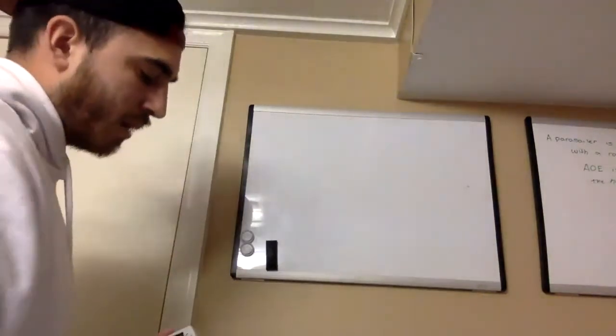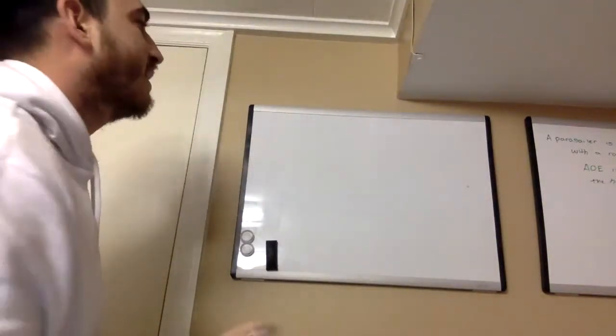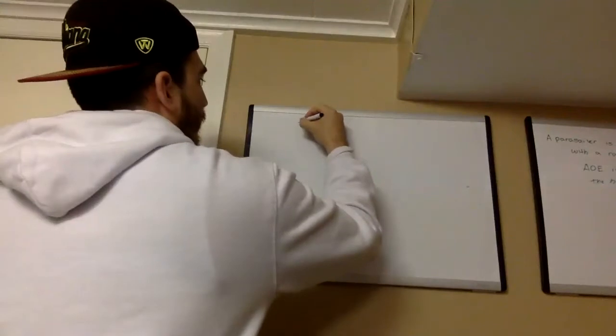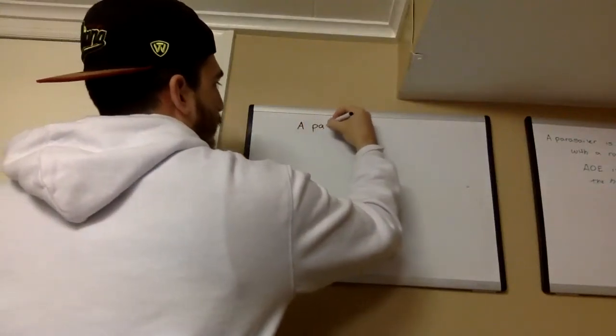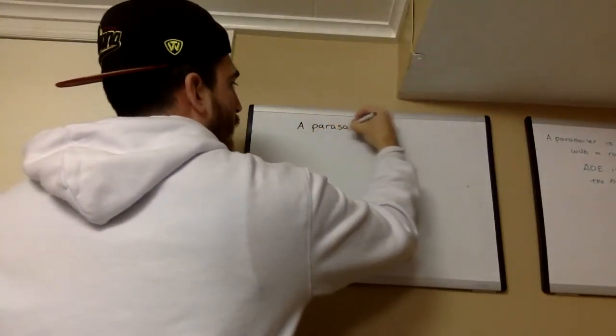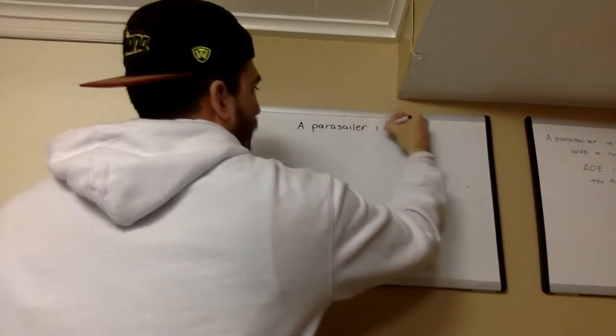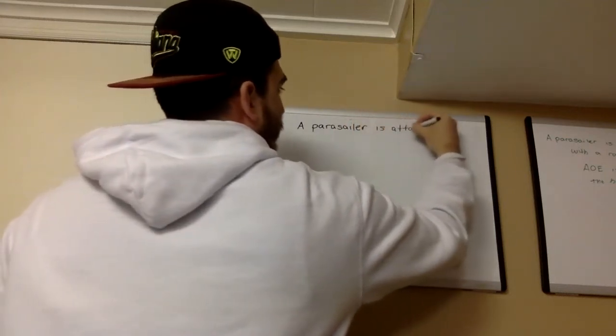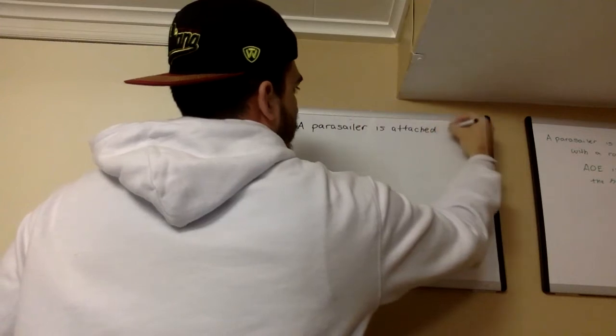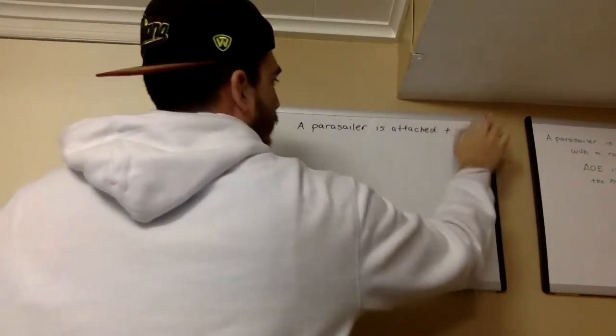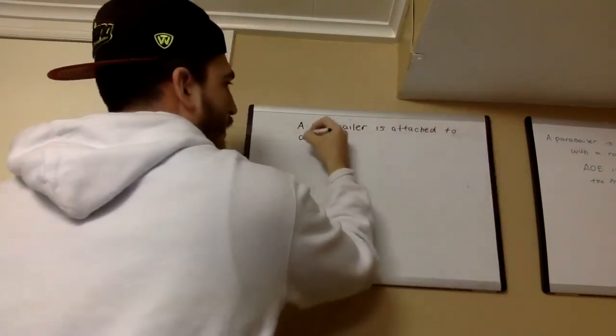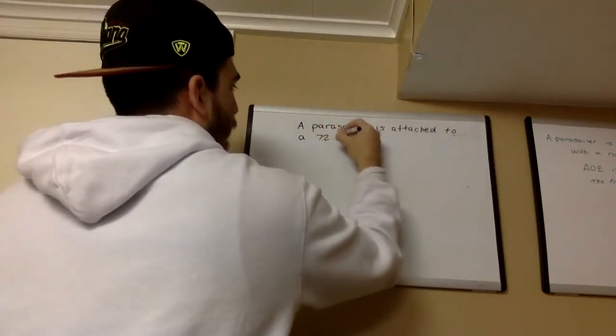So for your word problem, the example that I'm going to give you guys is that there is a parasailor up in the air. So a parasailor is attached to a 72-foot rope.